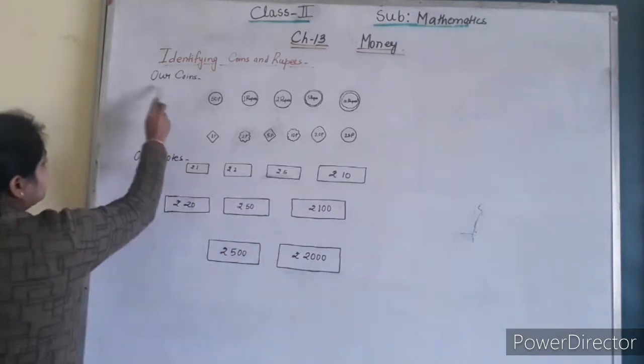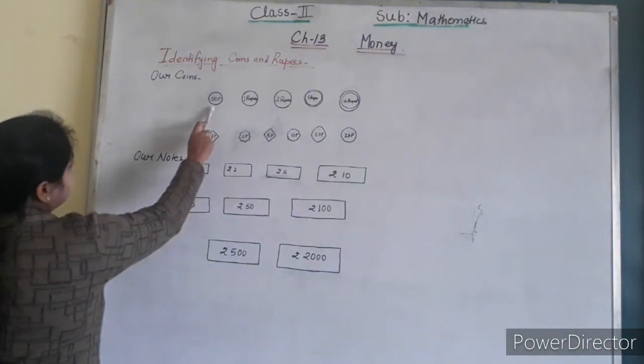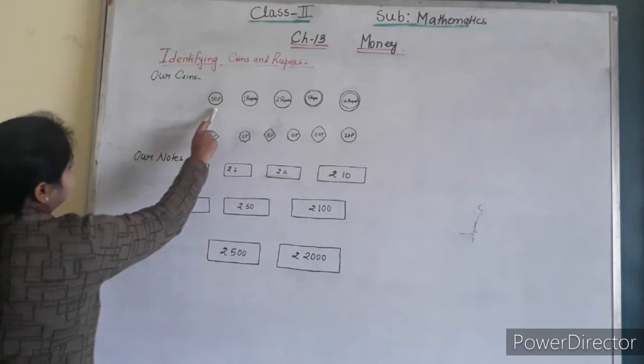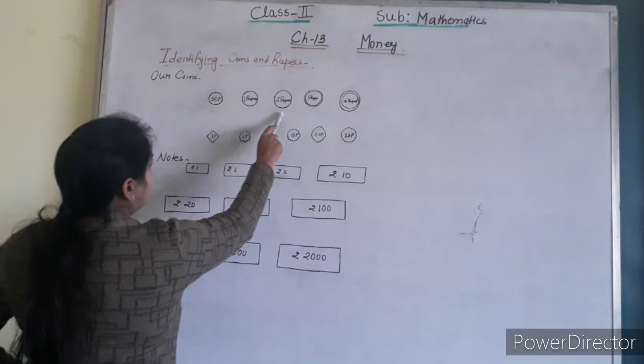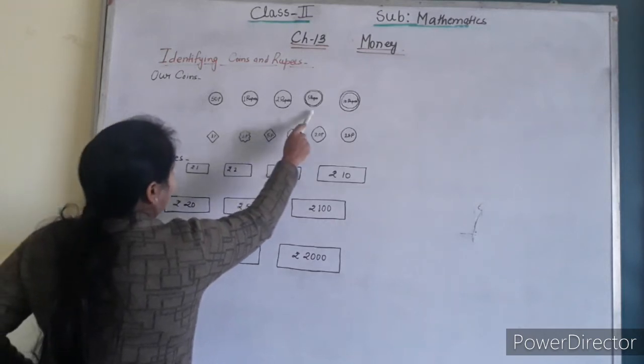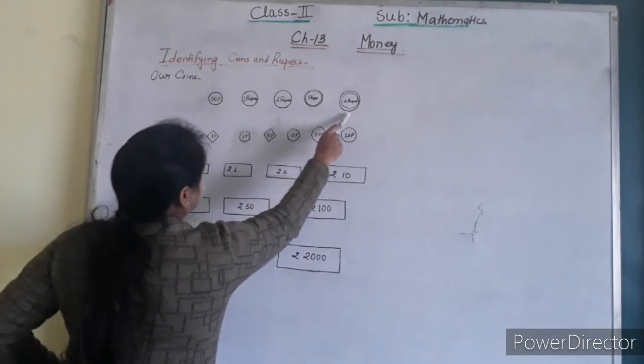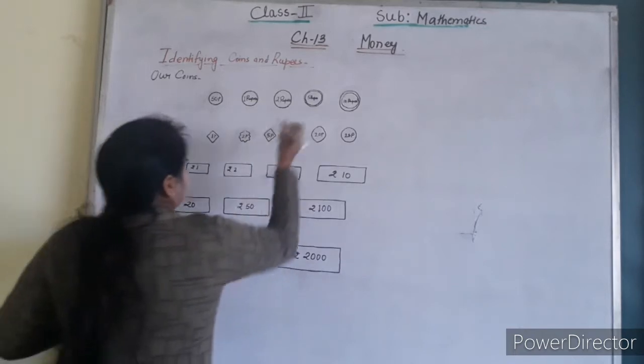First, these are coins. See, this is a 50 paise coin. This is a 1 rupee coin, and this is a 2 rupee coin. This is a 5 rupees coin, and this one is the 10 rupees coin.